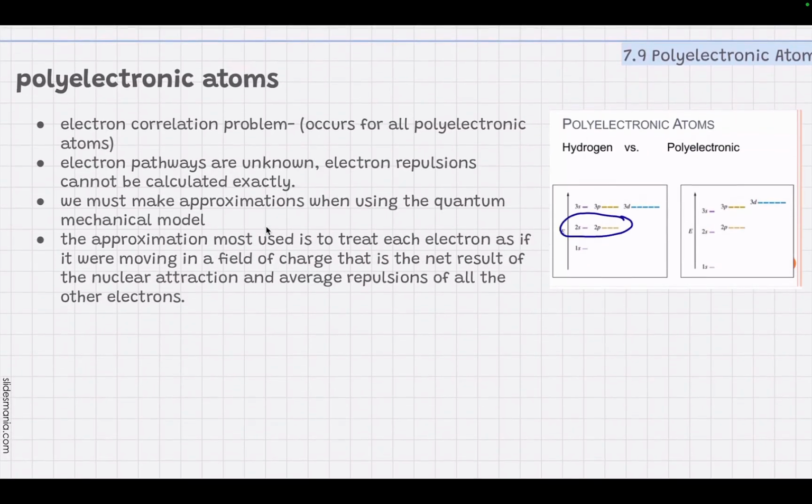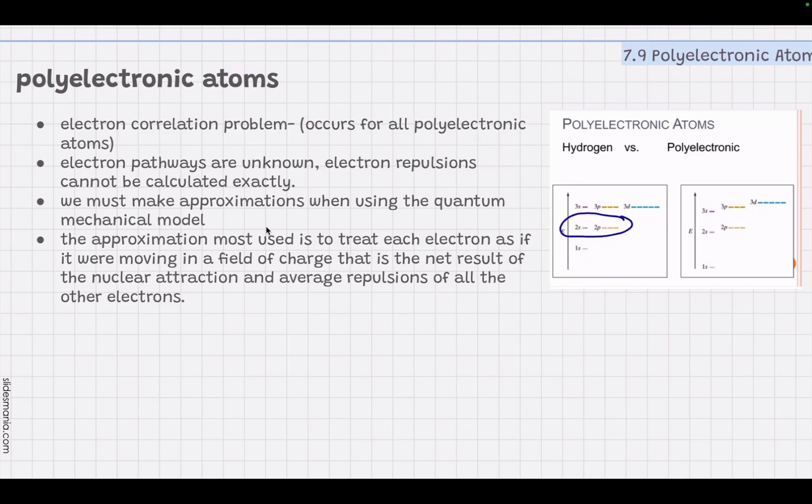Here we're going to start looking at what happens when we have more than one electron, these polyelectronic atoms. We don't know the exact electron pathways because of the Heisenberg uncertainty principle. We can't know the location and the momentum of an electron at the same time.